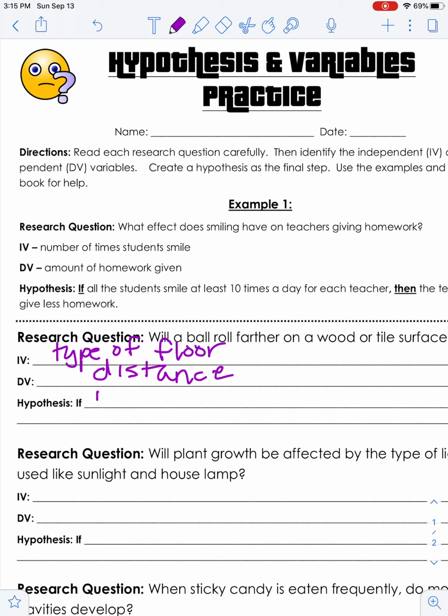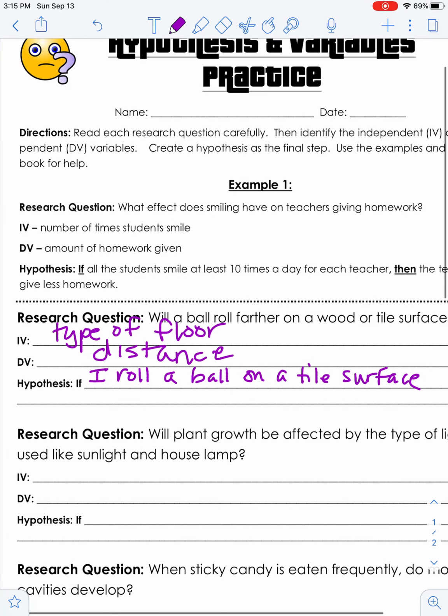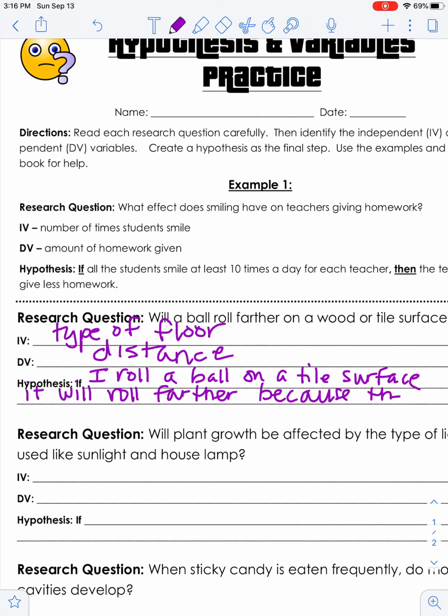So if I roll a ball on a tile surface, then it will roll farther because the surface is smooth with less friction.